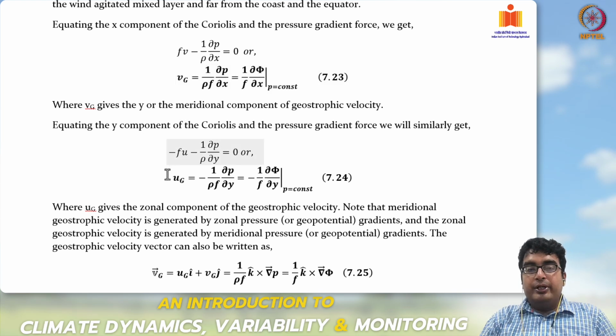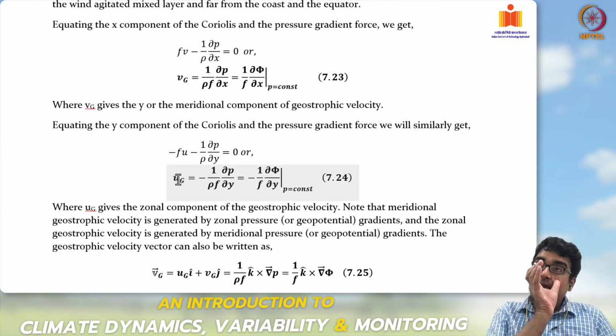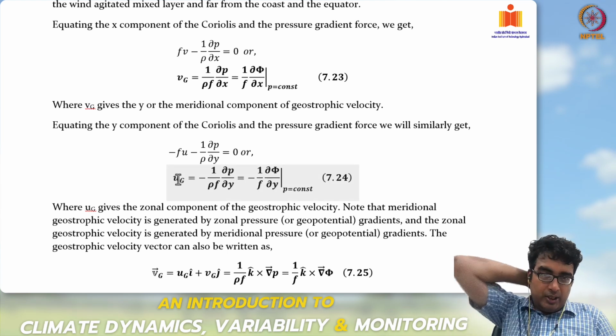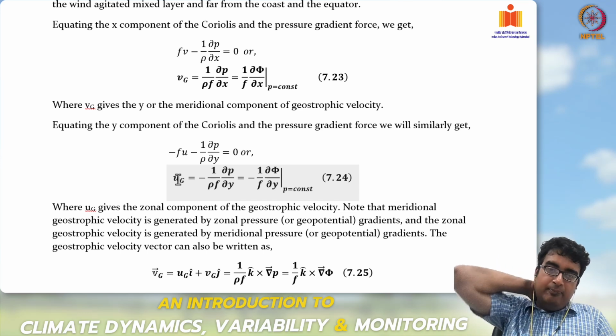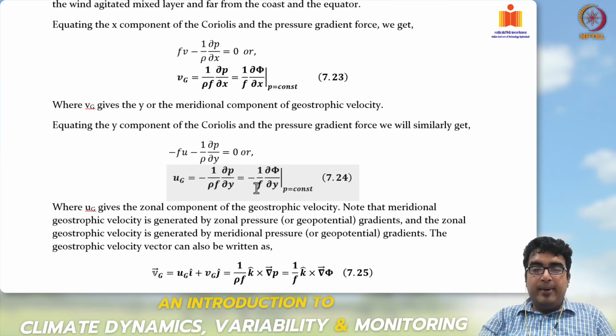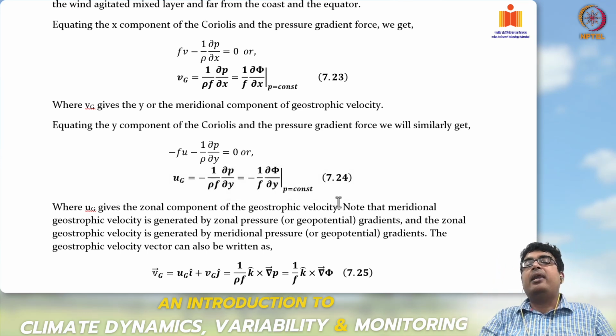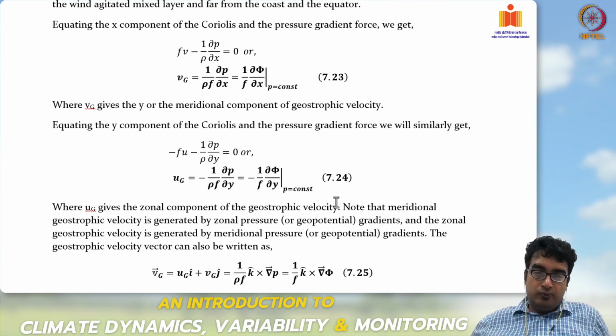The y component is minus fu minus 1 by rho del p del y. This is the y component of Coriolis force, and this is the y component of pressure force. So ug, the geostrophic velocity in the zonal direction, is minus 1 by rho f del p del y, which is 1 by f del phi del y along the p equals constant contour.